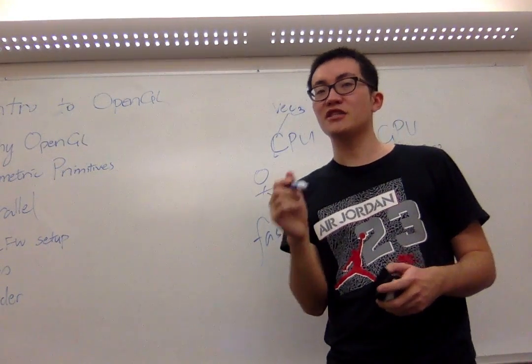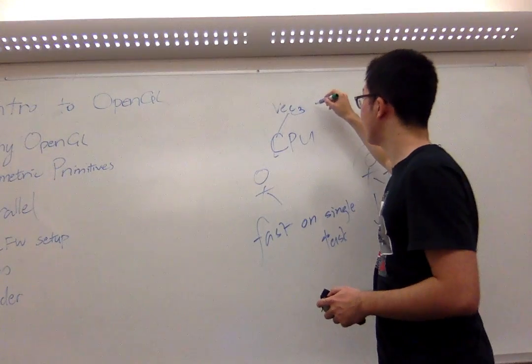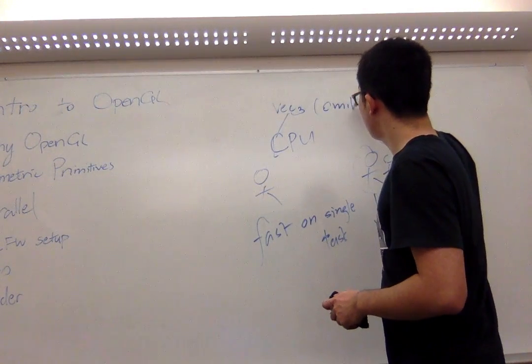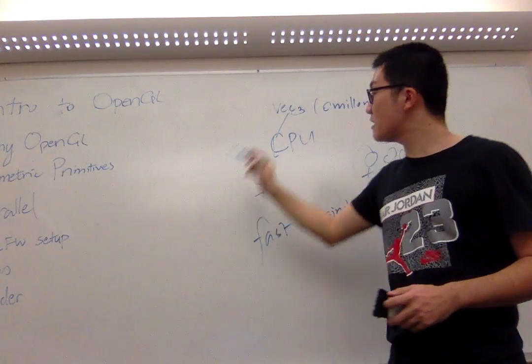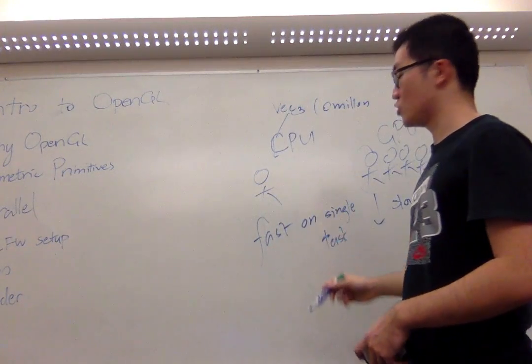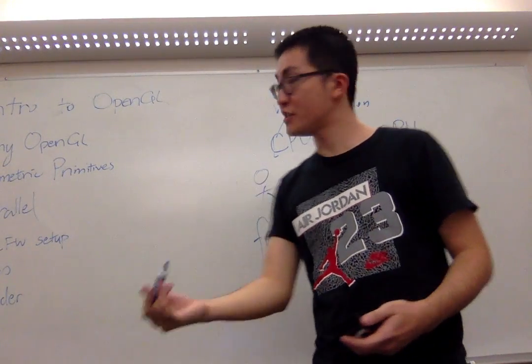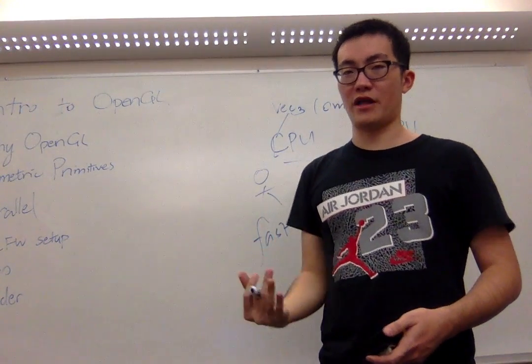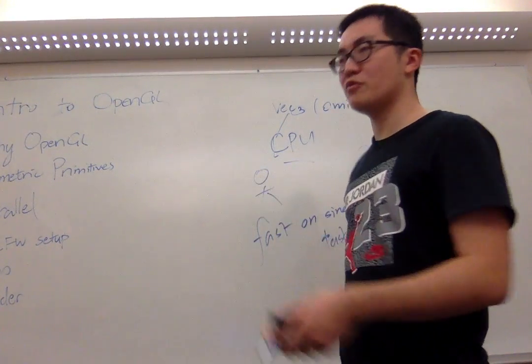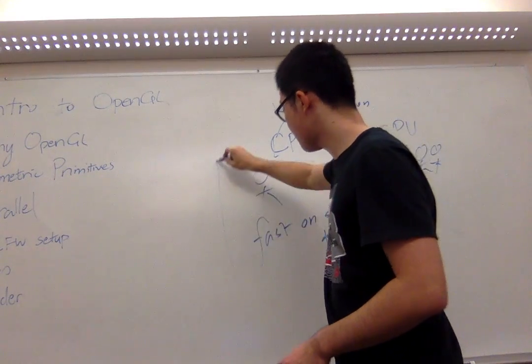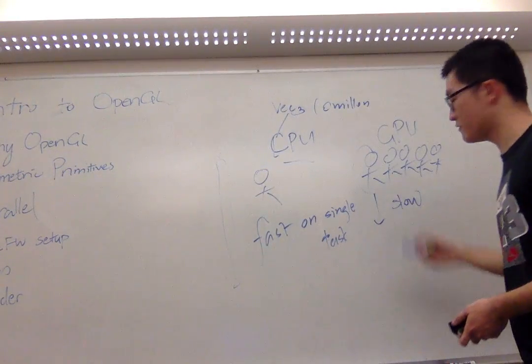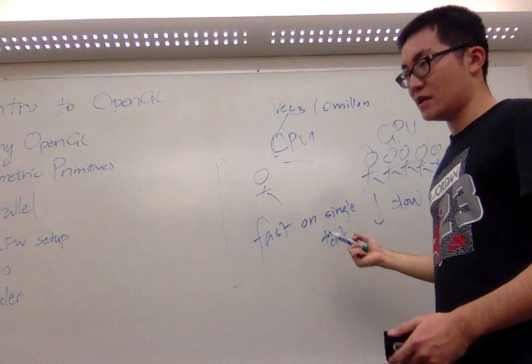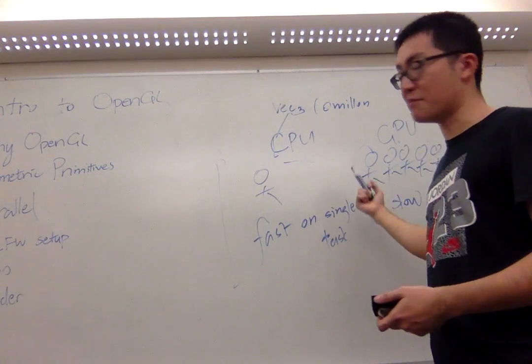However, if you change the data set, let's say that you have 10 million points, 10 million vectors that you want to perform a task on. The CPU will have to do it one by one, and it will take a lot of time. But for the GPU, they have strength in numbers.